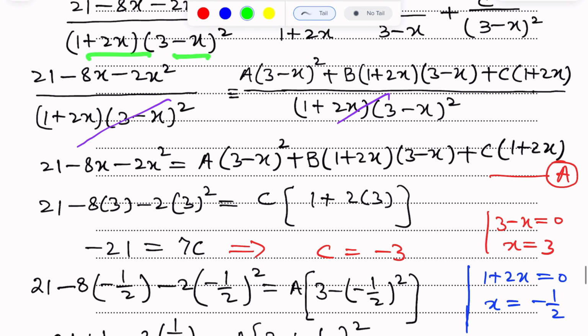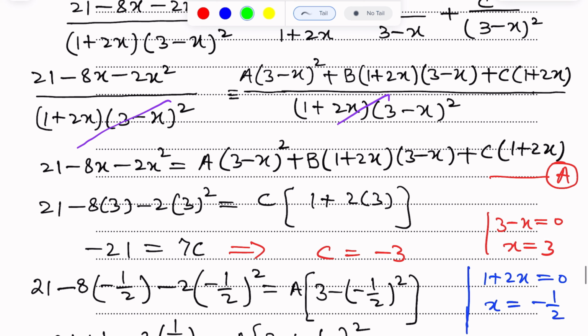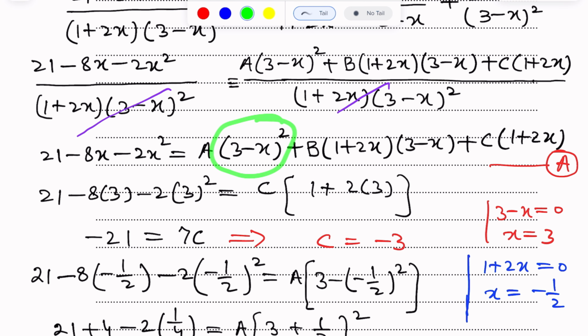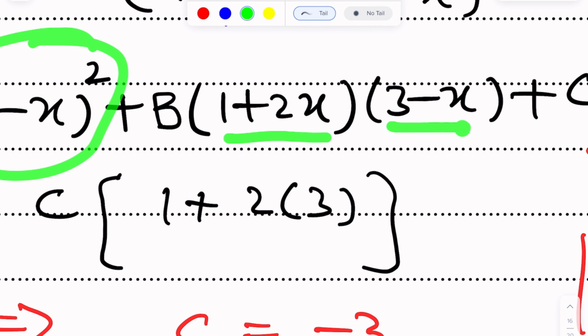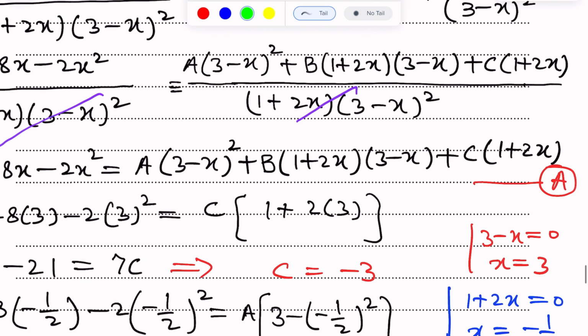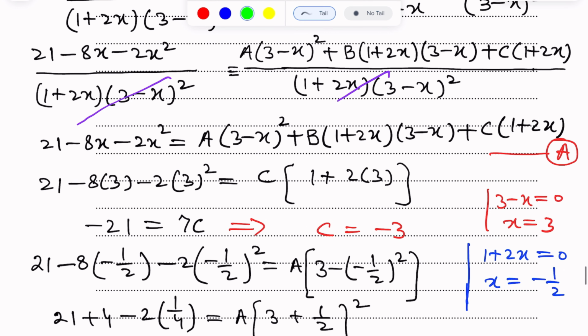So we will compare the coefficients of like powers of x on both sides of equation A. Before this, we will expand (3 minus x) whole square and find the product of (1 plus 2x) and (3 minus x), so that the coefficients are visible.